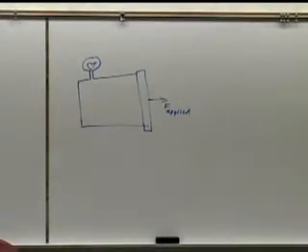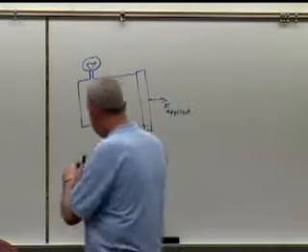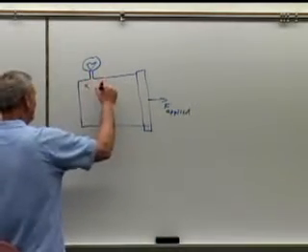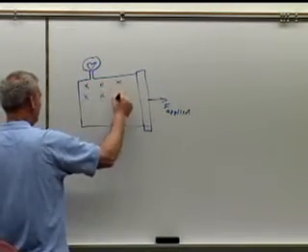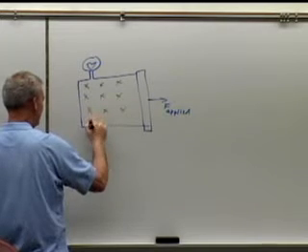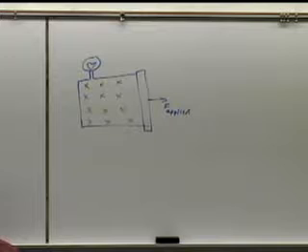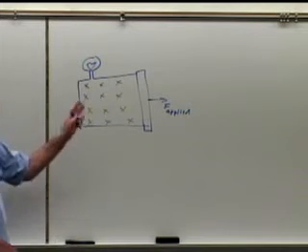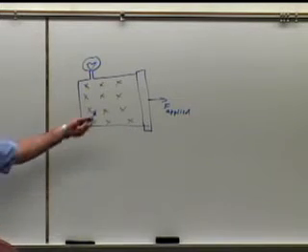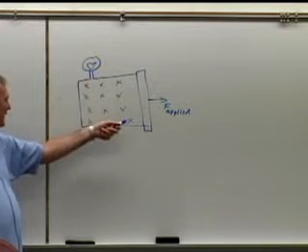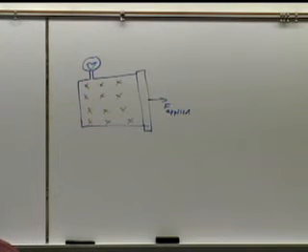Now here's what happens. Oh, I forgot the big thing. It's in a uniform magnetic field. There's my uniform magnetic field. I've got an applied force going that way. It's a conducting rod. These are conducting wires that are going to this light bulb.